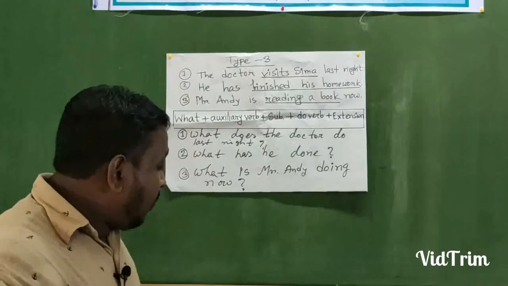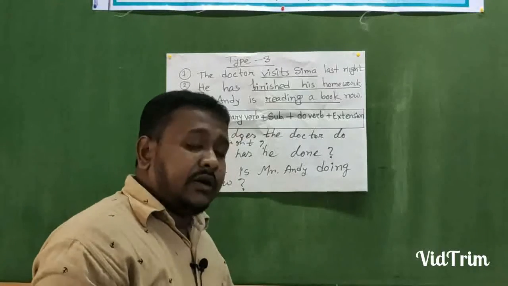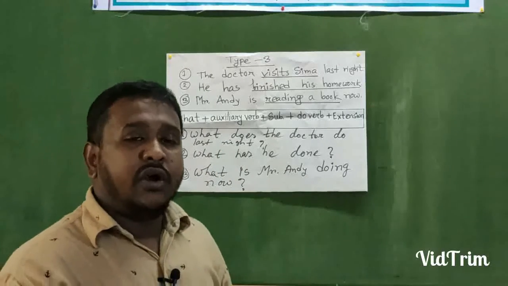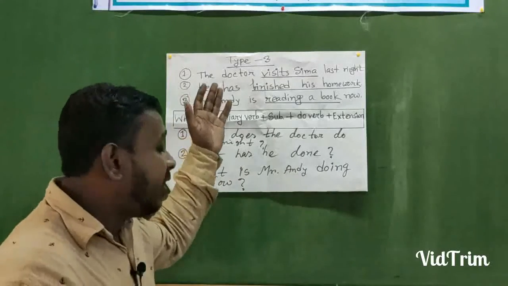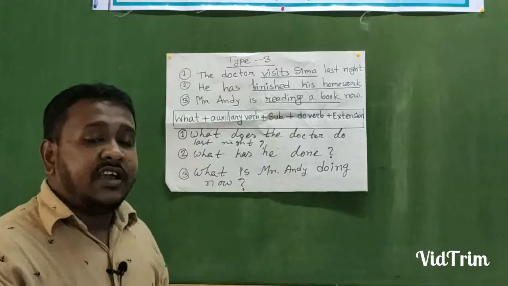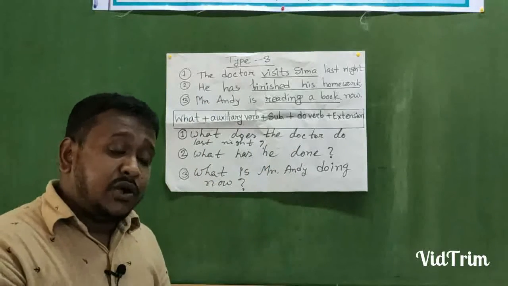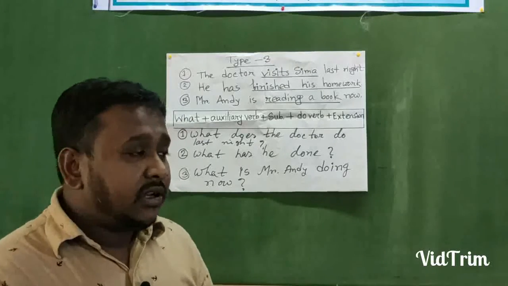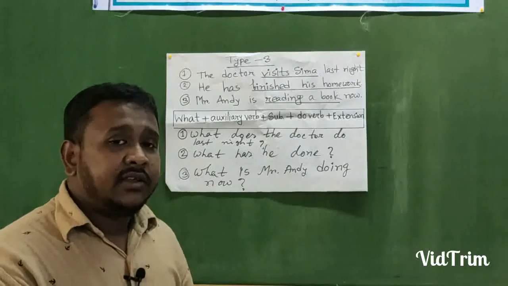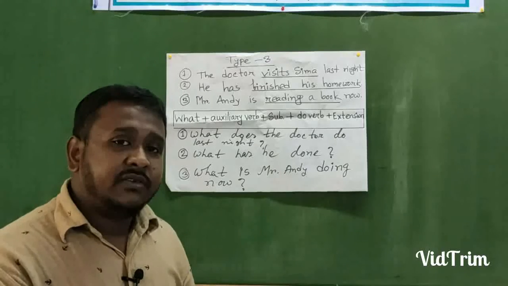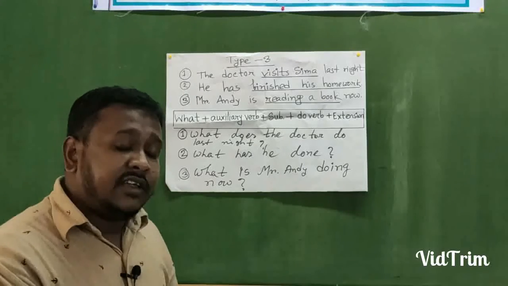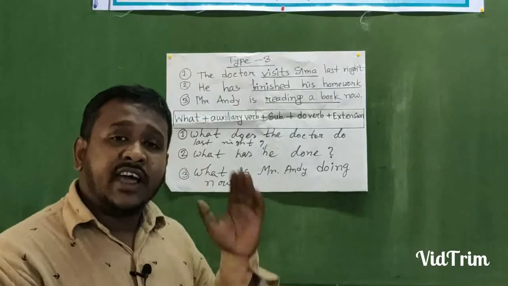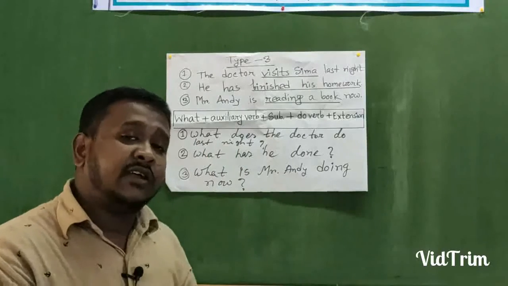So if you notice all the sentences of your textbook or reference book, you will see them in these three types. When you go to make the question, you must select what type the sentence is. After selecting the sentence pattern, if it follows type 1, you have to follow structure number 1.